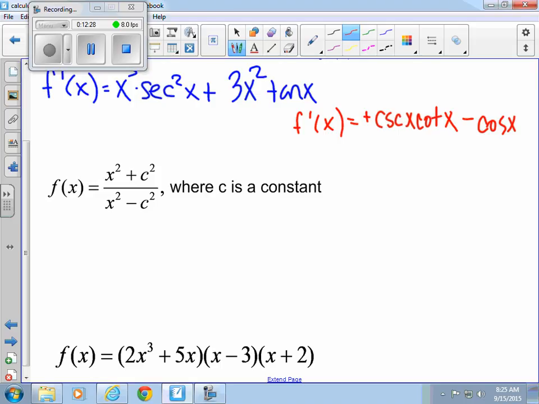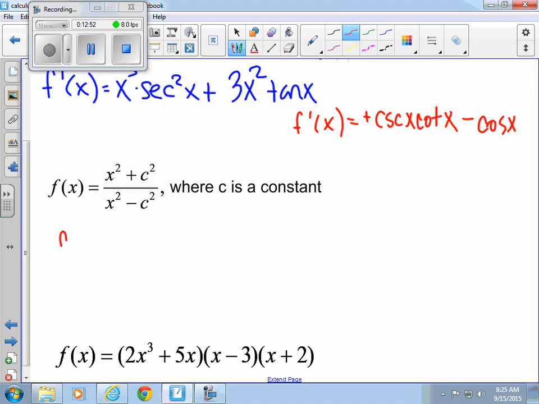How do you take the derivative of a constant? Zero, right? A constant, like 3. What's 3 squared? What's the derivative of that? Still 0. For the derivative of a constant, you do not use a power rule. That's why they had to say c is a constant, it's not a variable.